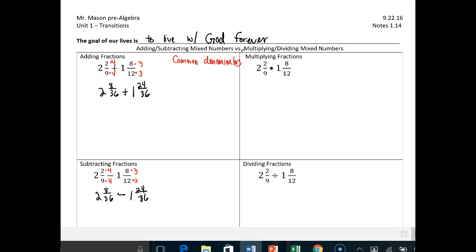Alright. Here we can add these guys straight across because I have the common denominators. So 8 plus 24 will give me 32 over, keep the denominator, 36, and 2 plus 1 is 3, so equals 3. So we need to remember to have common denominators, and we also need to remember to keep denominators.